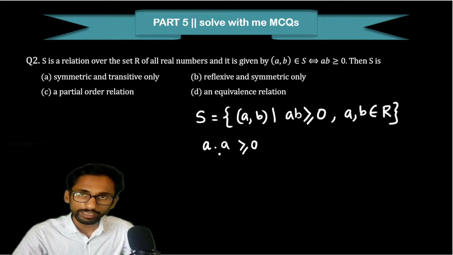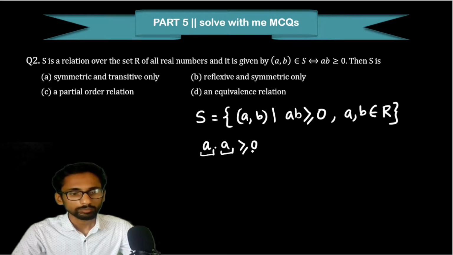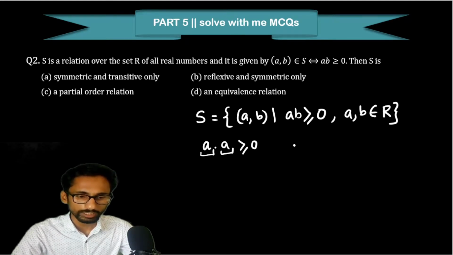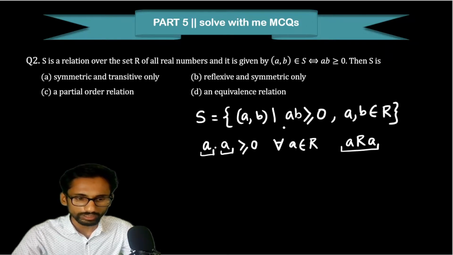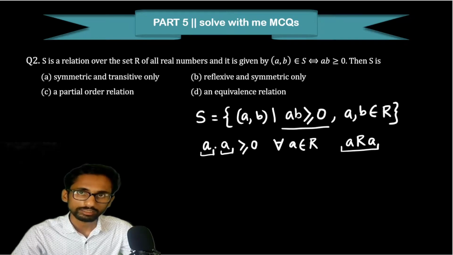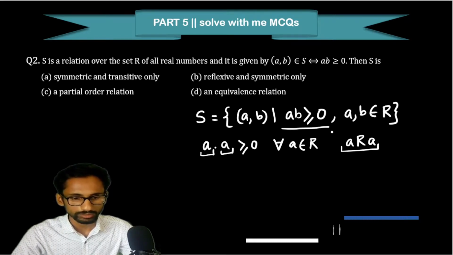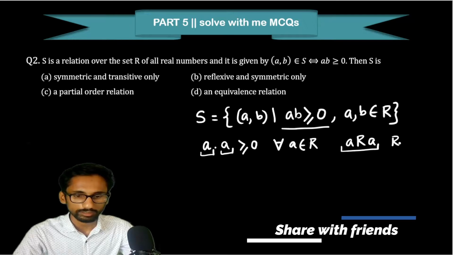Even if it is negative, then again the product with itself is going to be greater than 0. So whatever be the value of a, for all a belongs to R, a will be related to a when the definition is a into b is greater than or equal to 0. So the given relation is reflexive.